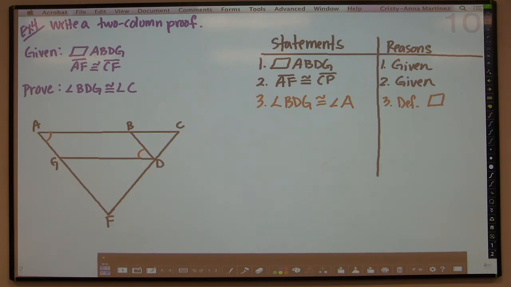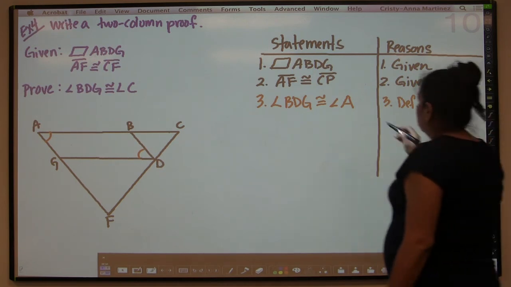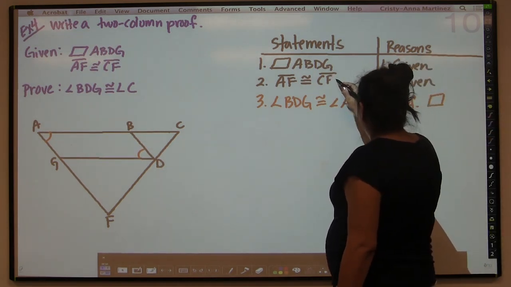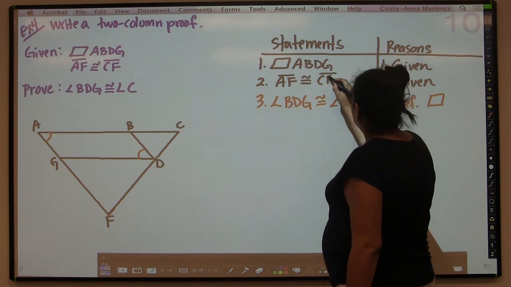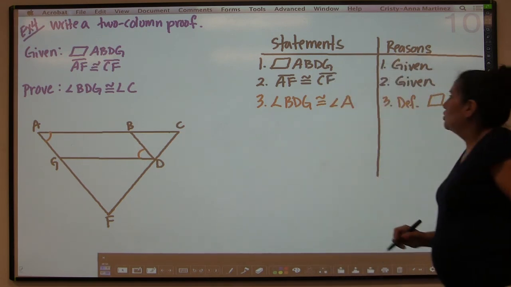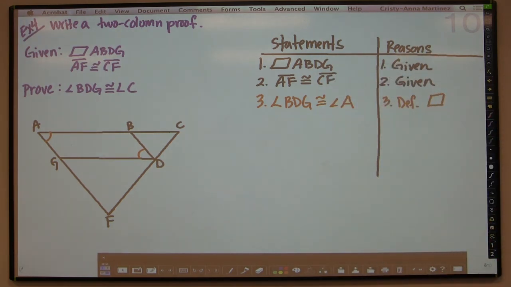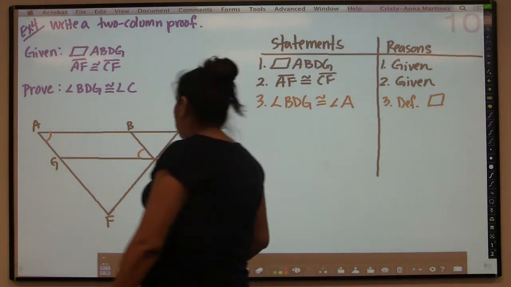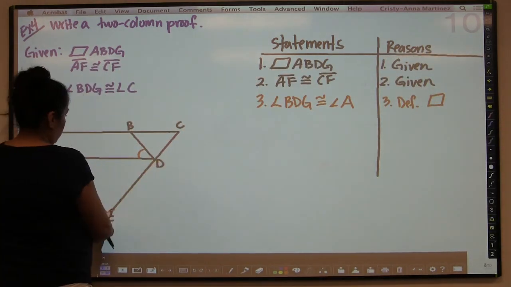We also know from the given in step 2 that AF is congruent to CF. And again, I don't know what's going on with me. I put CP here. That should be CF. So we know from the given statement that AF is congruent to CF. There's not even a P in the diagram. But these two are congruent.